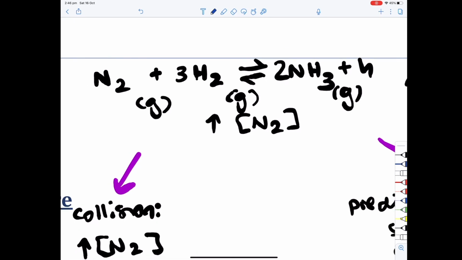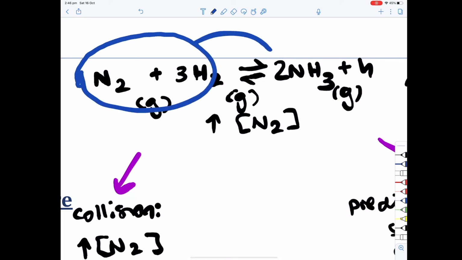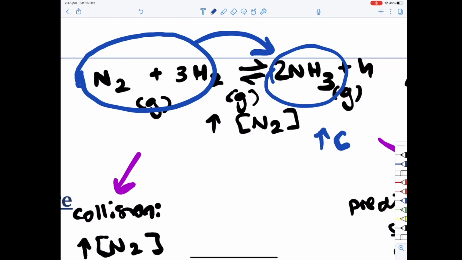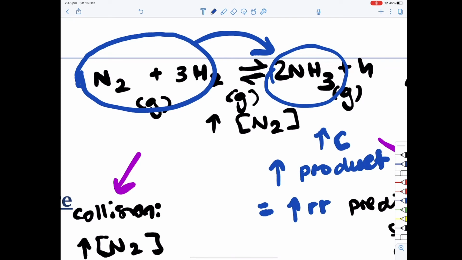Does everyone agree when we increase our forward reaction, what are we doing? We're converting this to this. So what is that doing to our concentration of product? Increasing its concentration. What's it going to do to the number of collisions of our product particles? Increase. What is that going to do to the reverse reaction rate? Does everyone agree?